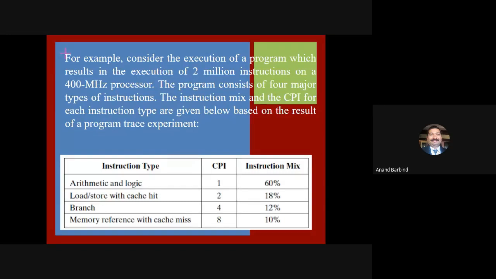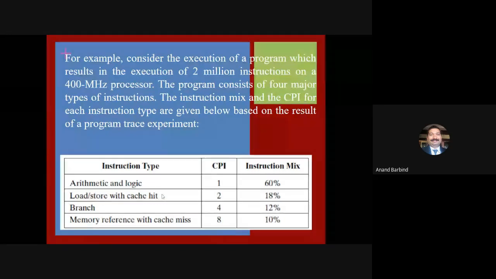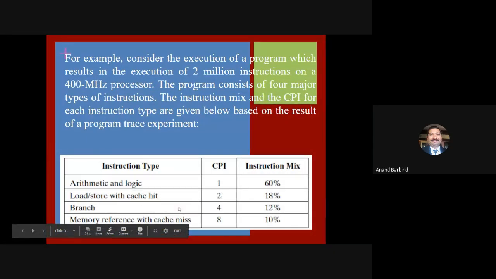Okay. In this, the point again to be noted here is that when the instructions are related to memory, then the time required for fetching the instruction, if the instruction is available in the cache memory, is only 2 cycles, whereas if it is there in the primary memory, so not there in the cache, then the cycles required are 8.